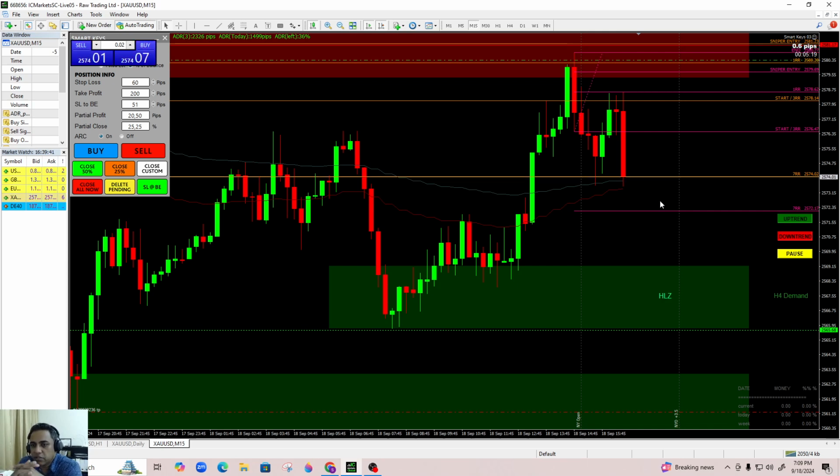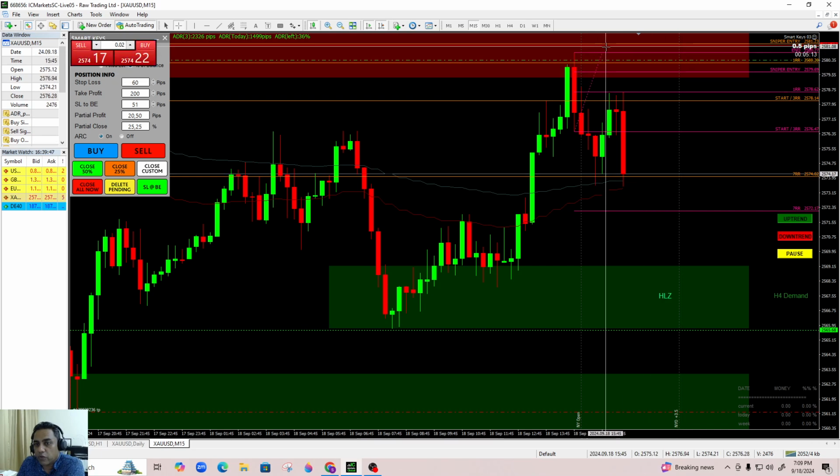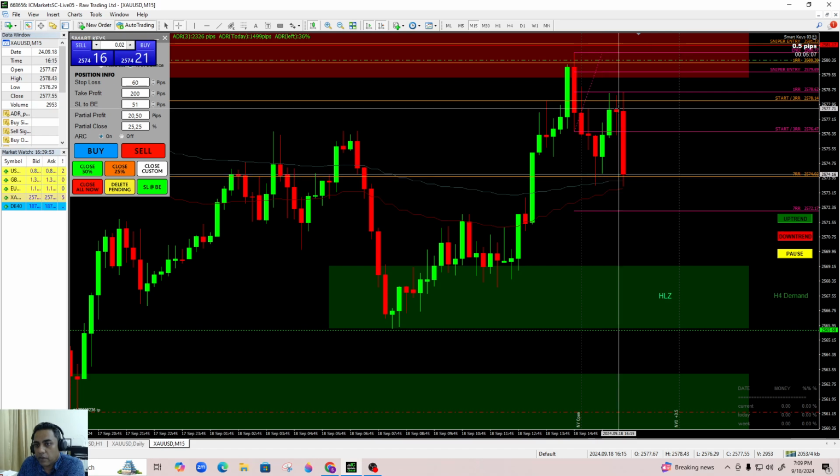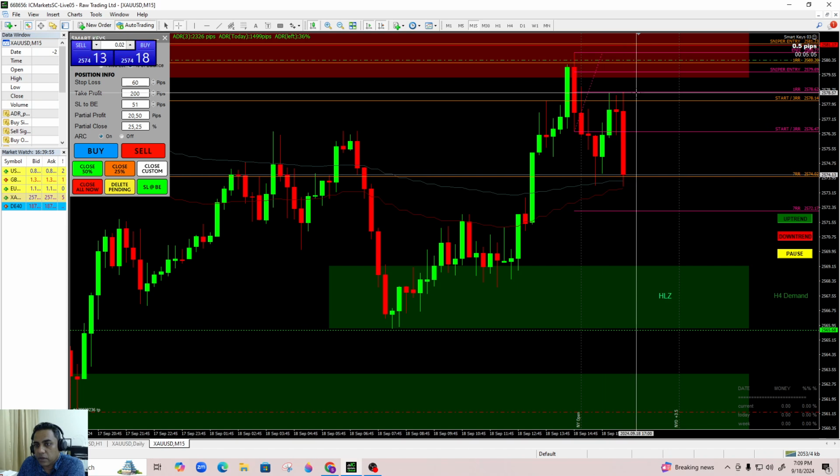Price never came close to our entry, not even close. The first one was about four and a half pips away, and the next one was a good 10, 11 pips away.